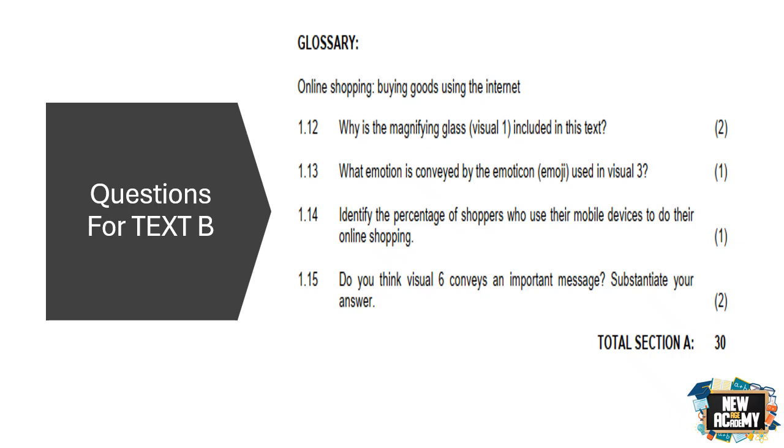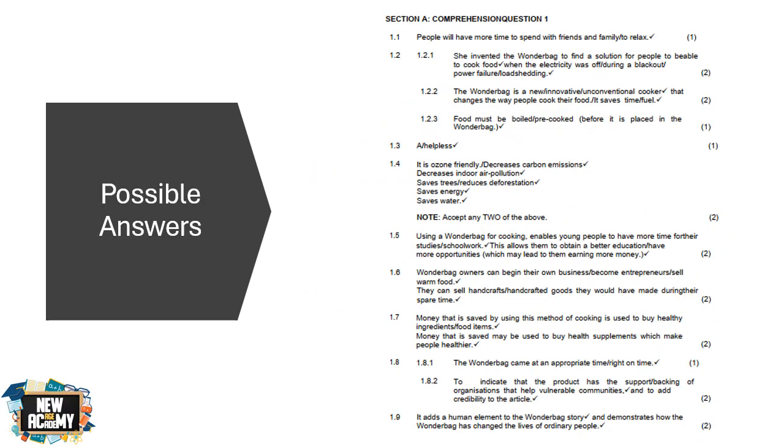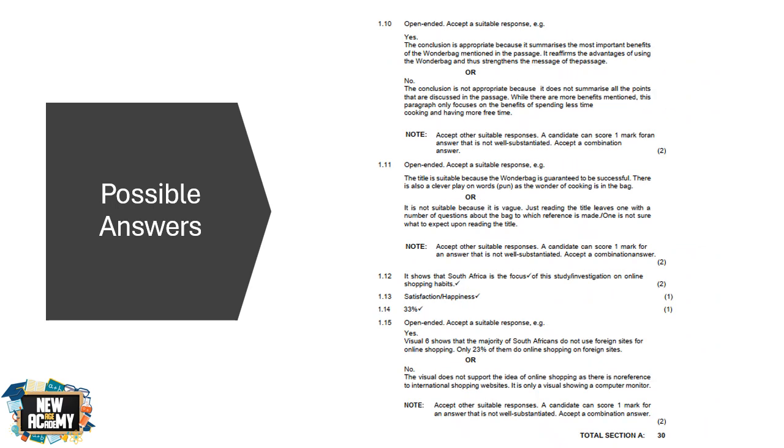I will make another video going through the text A passage and the questions, and another one doing the text B questions, which is visual literacy. See, these are the possible answers. I'll explain each and every question based on our text, for you to simply understand how you can tackle comprehension.